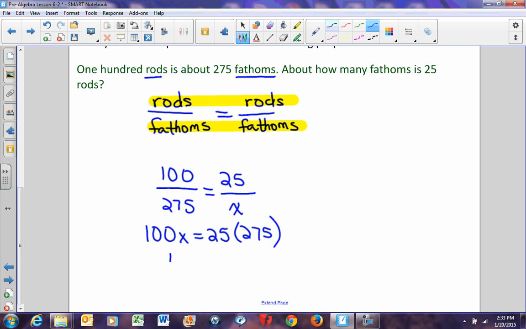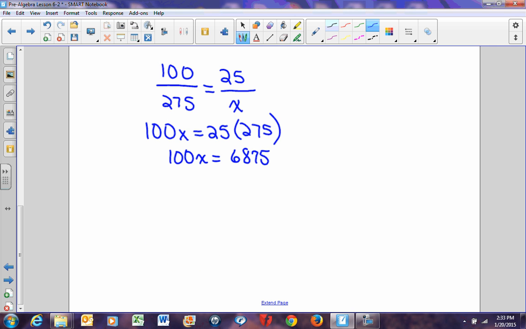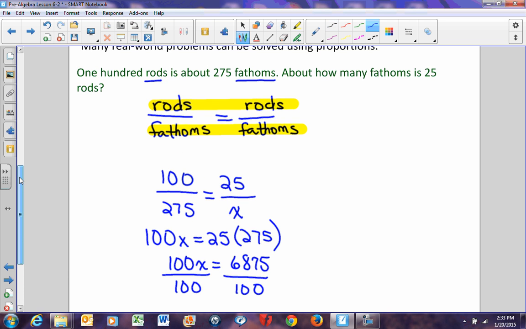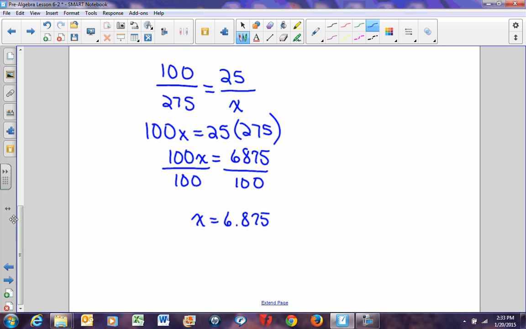So 100x equals 6,875. To solve for x, I will divide by 100. So x will equal 6.875. And of course, I should label it and put it in a complete sentence. So if I go back at the top, it says about how many fathoms is 25 rods.